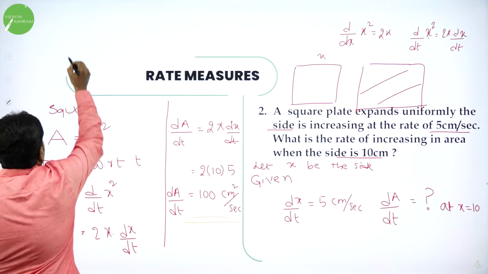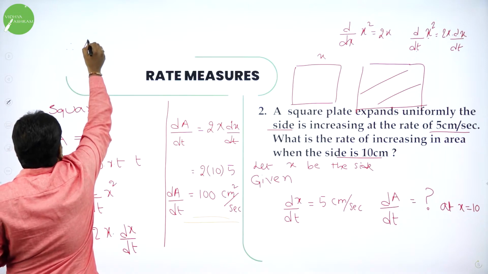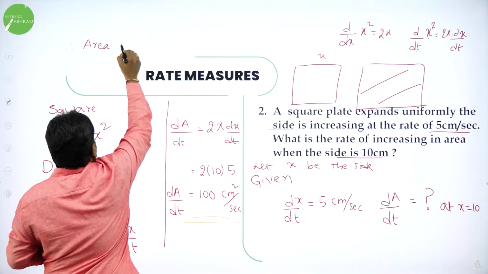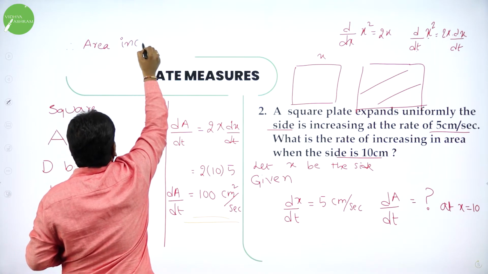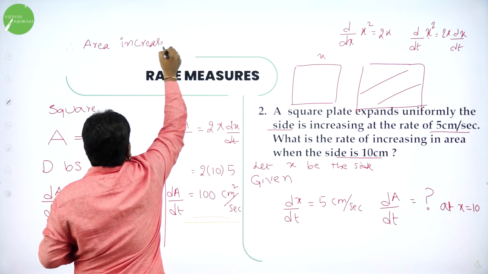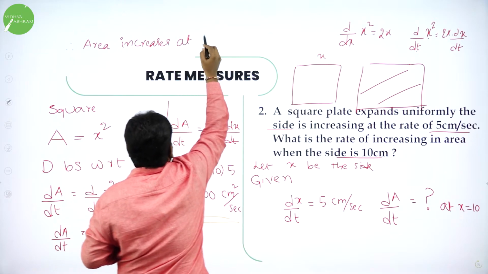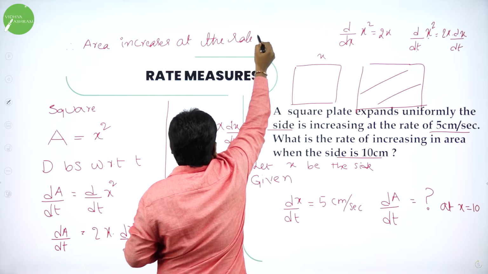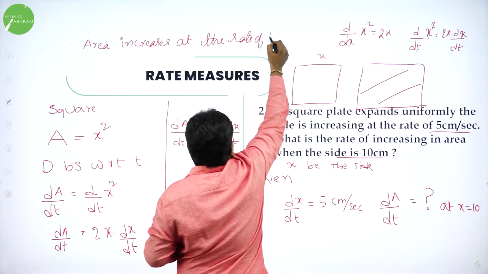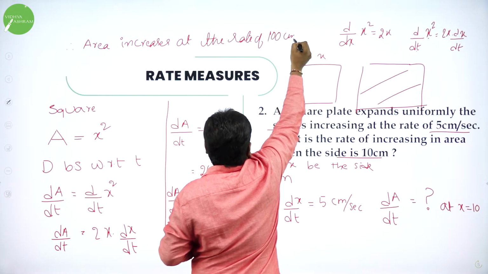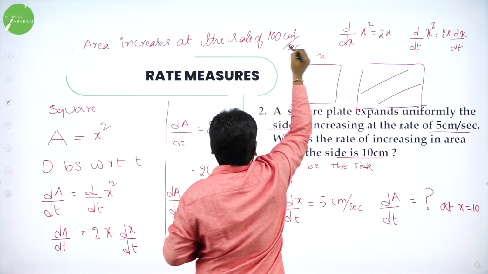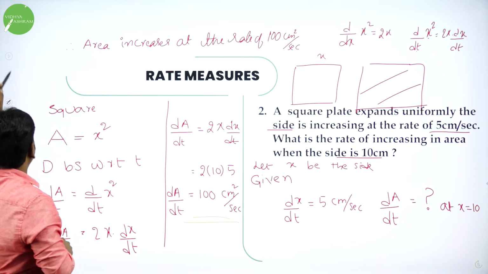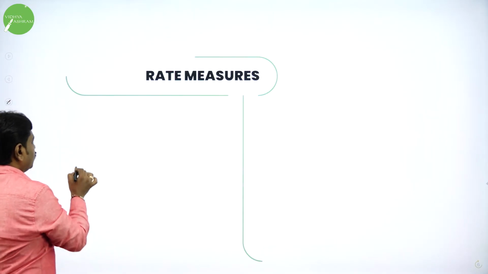Therefore, we got positive, so area increases. When side increases, area also increases. Area increases at the rate of 100 centimeter square per second. This is the conclusion. My dear students, in this problem they are talking about area.